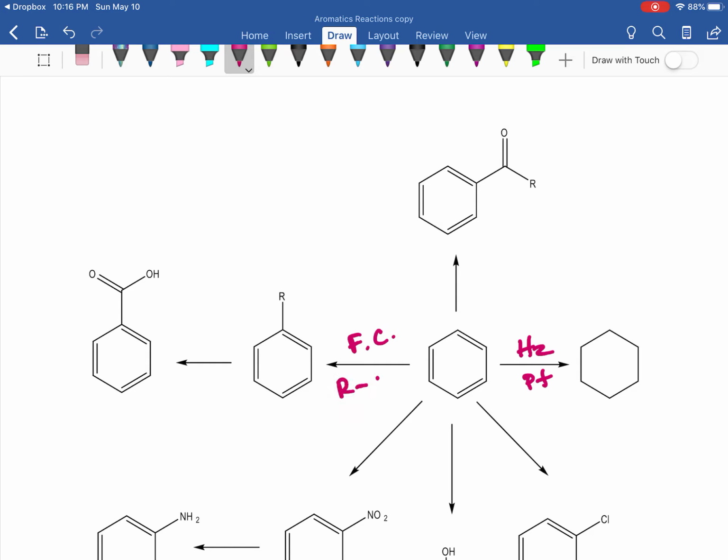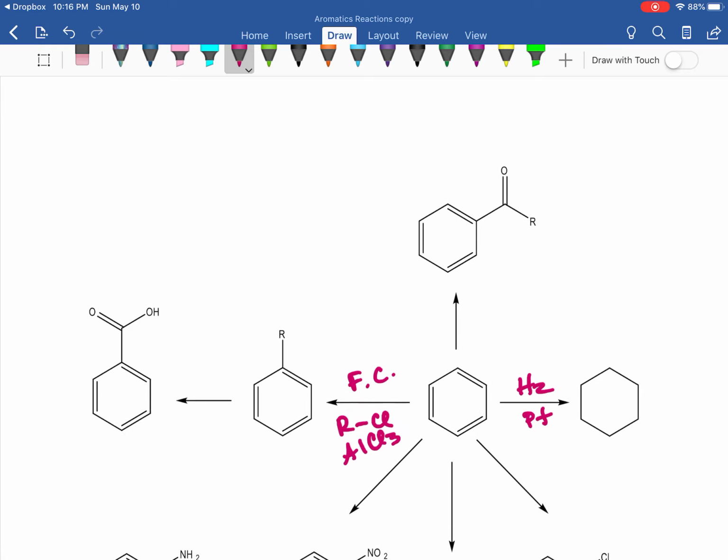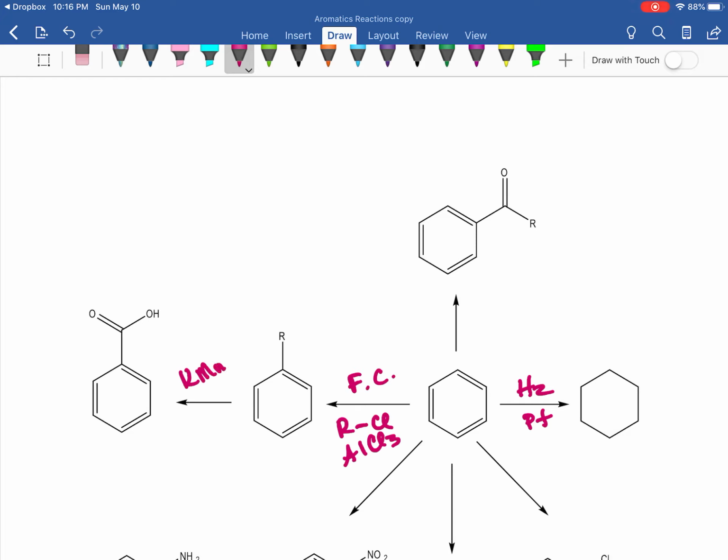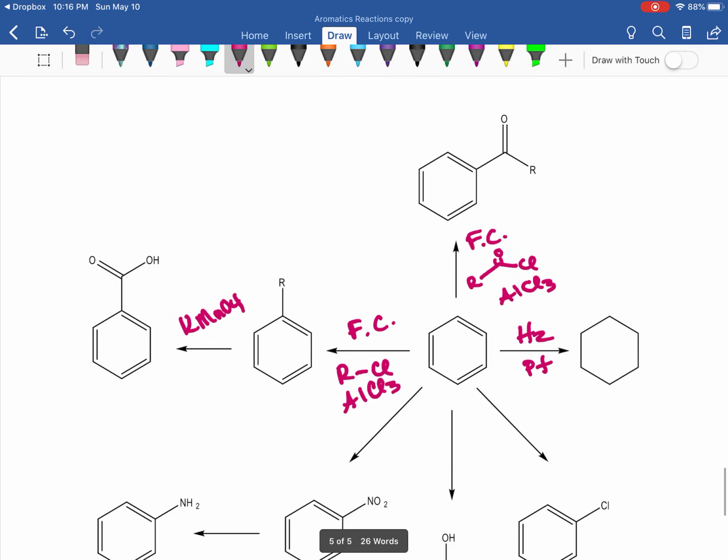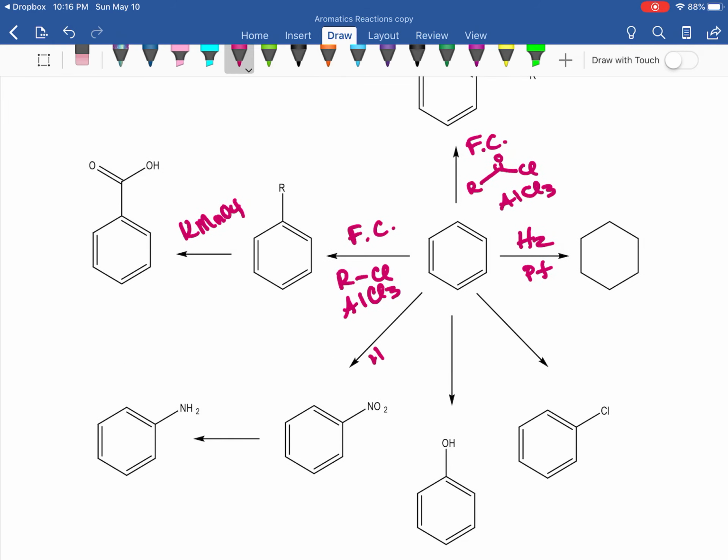You could do that. All right, these are our Friedel-Crafts. So if we wanted to make that, we would need some kind of chloride and that aluminum chloride. Oh, and we just did this one. This is KMnO4. This is our Friedel-Crafts, and this would be that acid chloride.